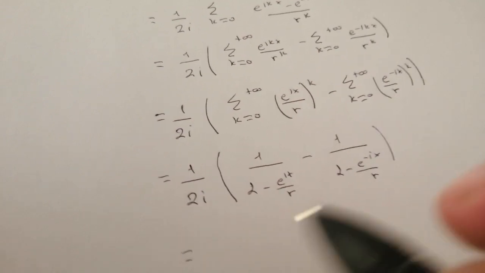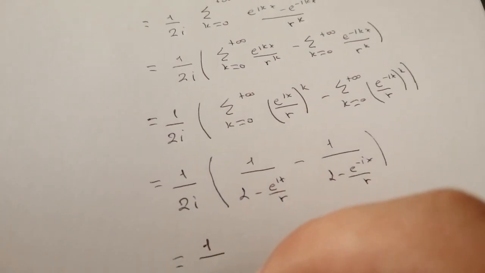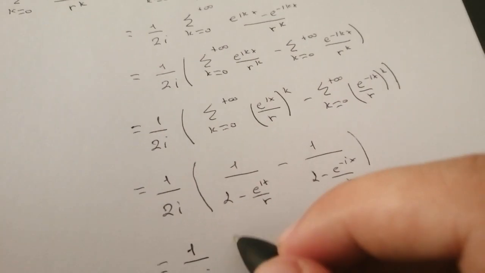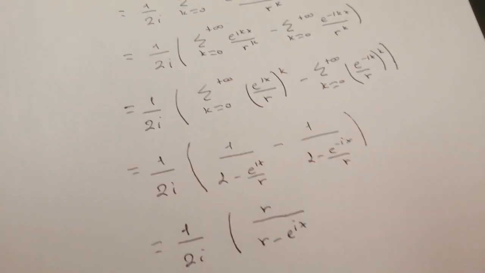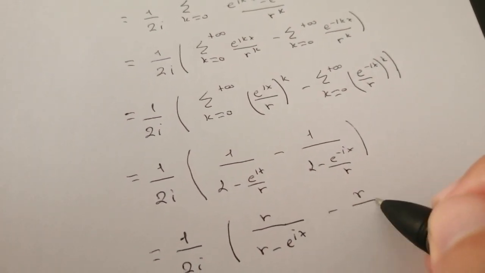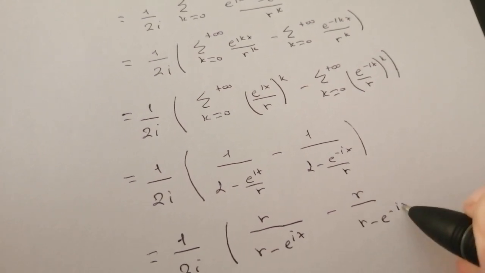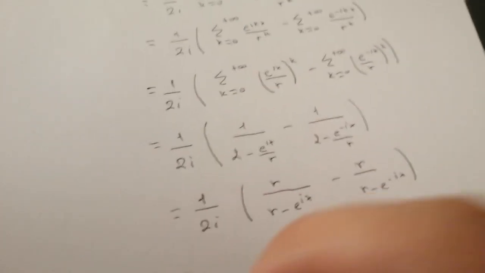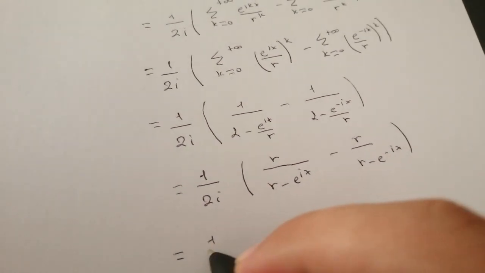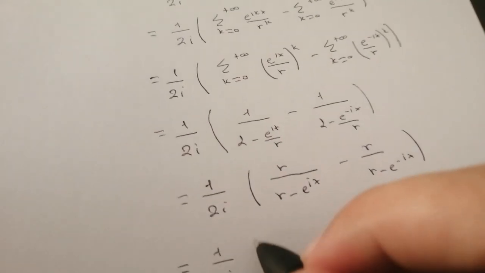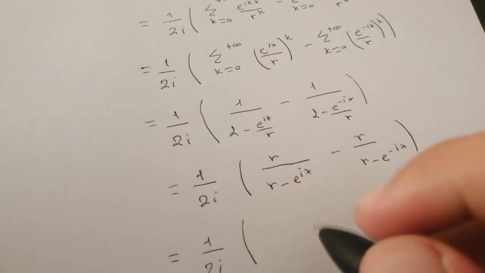Now we do some computational manipulations, like this. Of course, here we can use Euler's formula again to write it in a better way.